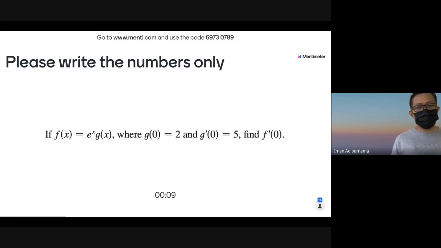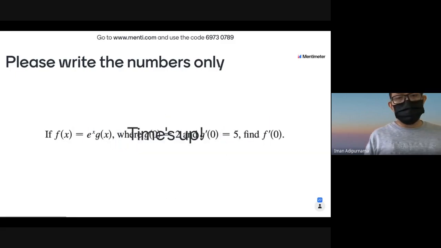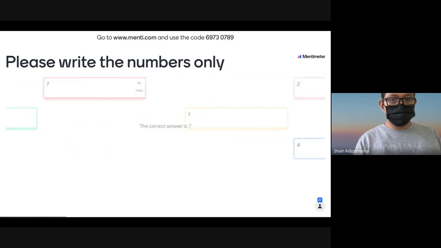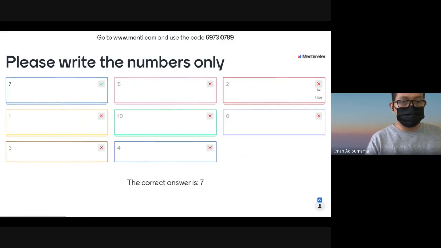Okay, 10, 9. Okay, 5, 4, 3, 2, 1. Okay, finish. Okay, it's 7. How many correct? I think a lot of you get the correct answer.